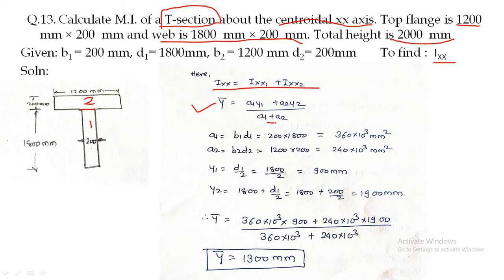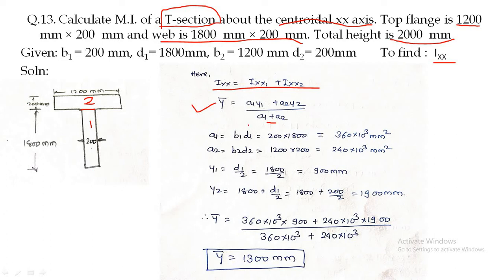So using that logic, y bar will be equal to a1 y1 plus a2 y2 upon a1 plus a2, where a1 is the area of the first rectangle and a2 is the area of the second rectangle. Y1 is the location of the horizontal central axis of the bottommost part from the bottom, and y2 is the location of the horizontal central axis of the topmost part from the bottom.